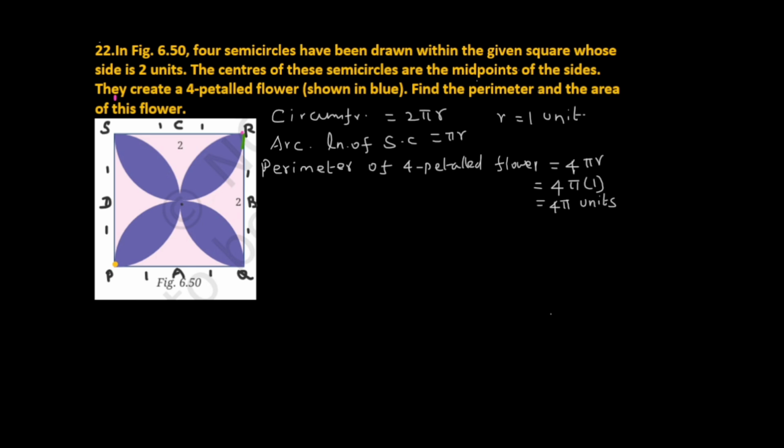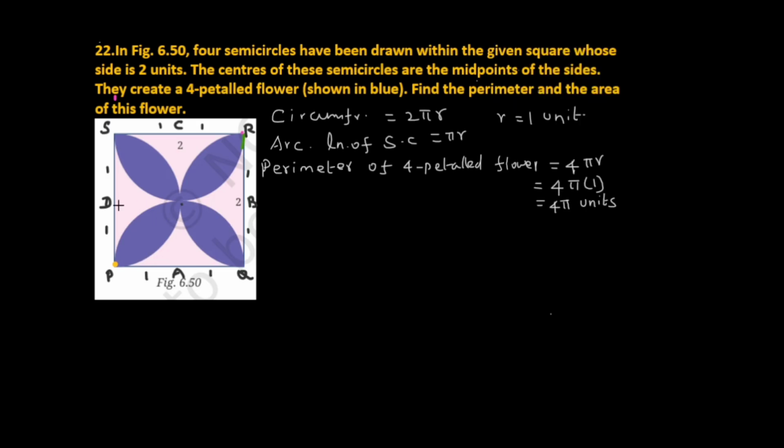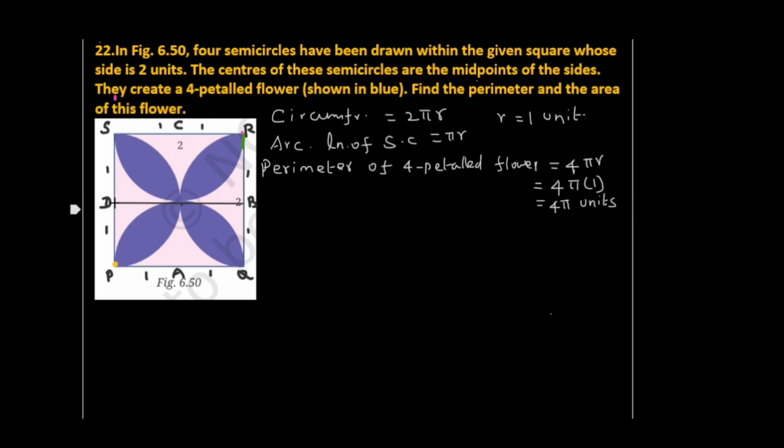if you want to calculate the area, draw the diagonals. This is the sides' midpoint. We know that these are lines parallel to the sides, and it is given that they are the midpoints of the petals.